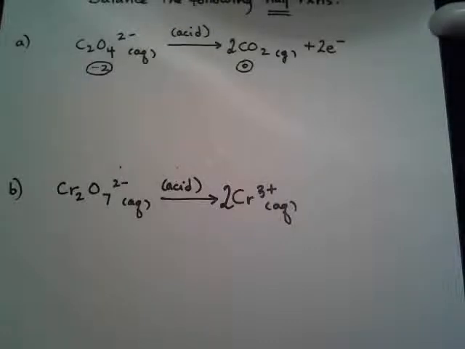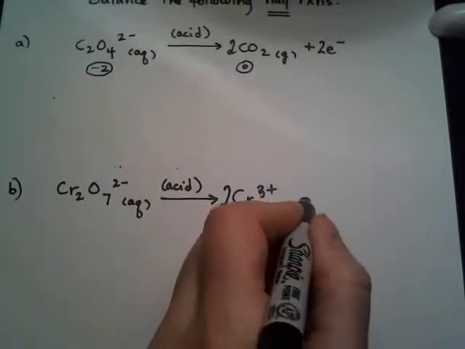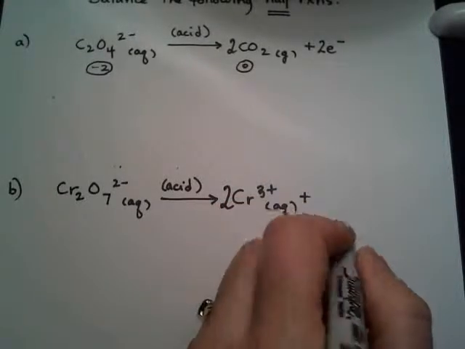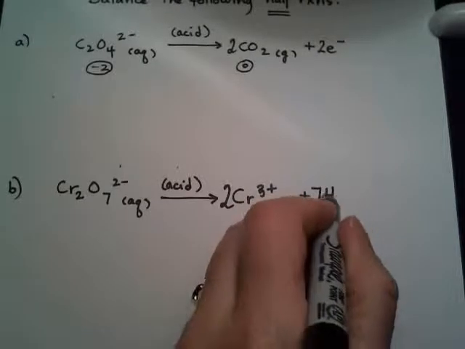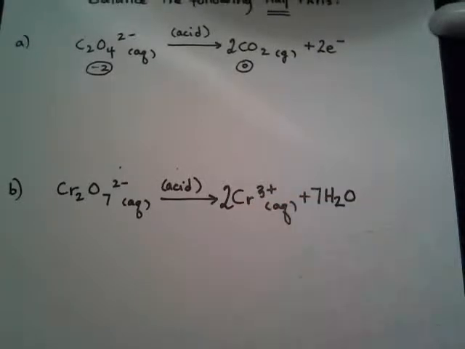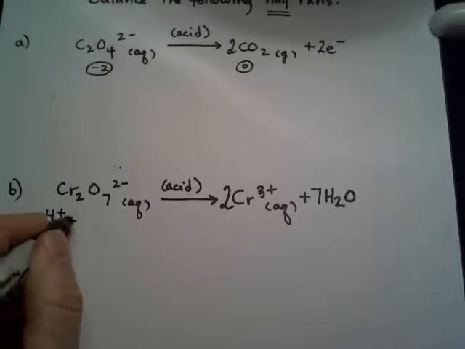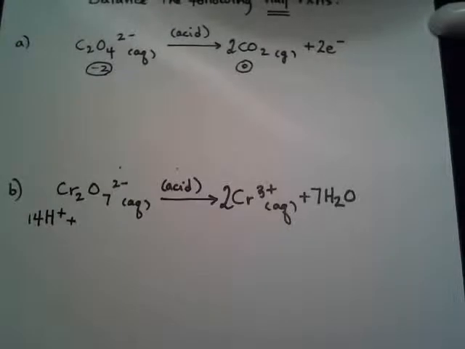And I've got 7 oxygen on the left, so I'm going to do it this way, 7 H2O. And by doing that, I've introduced 14 H on this side, so I need 14 H plus on this side to go in there.